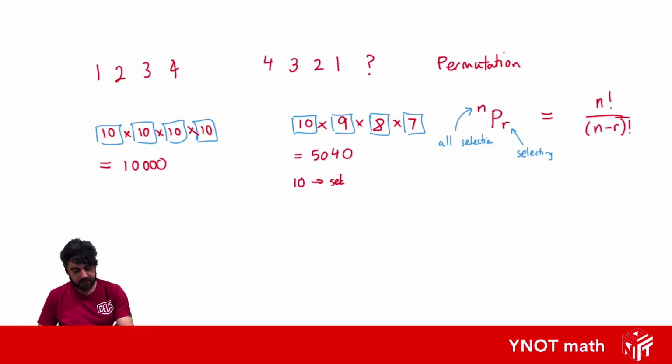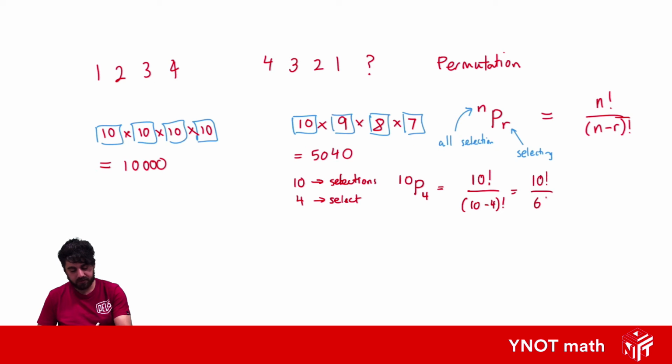These are all our selections. And we wanted to select 4. So we could have written this as 10P4, which is the same thing as 10 factorial over 10 minus 4 factorial, which is 10 factorial over 6 factorial.